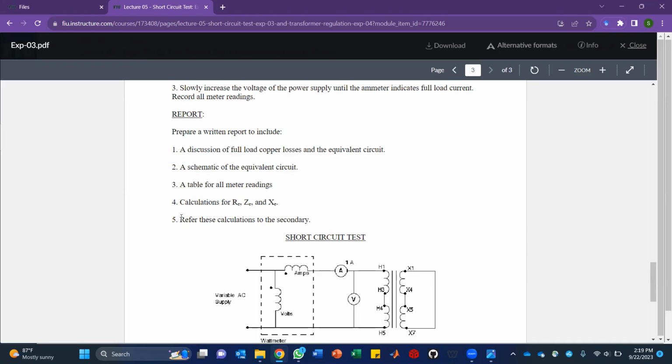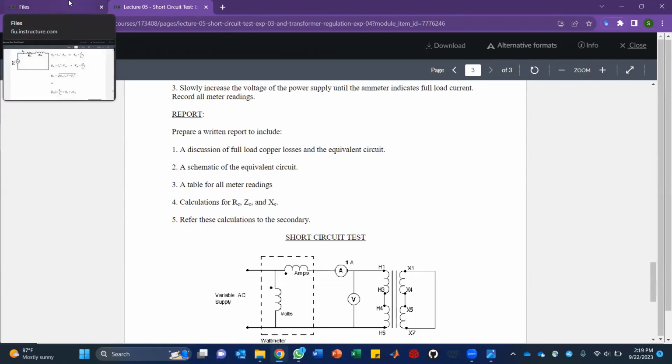You can ask me how to do that. I will explain that in another lecture if it is necessary. But I hope in your theory class you've covered this. Your teacher covered this already. So that's about it for experiment 3.